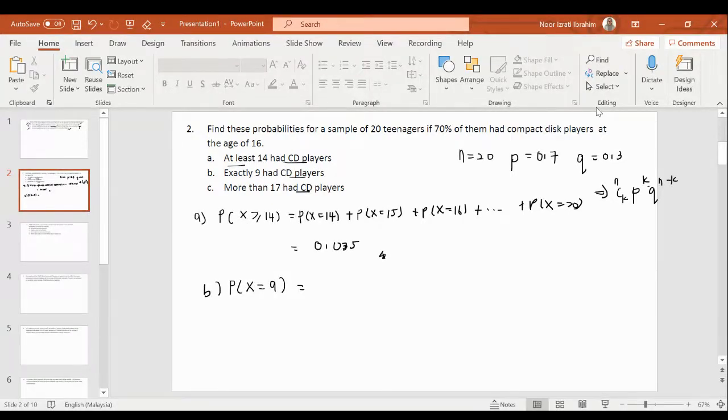Then this will be 20C9 multiplied with 0.7 to the power of 9 multiplied with 0.3 to the power of 11. And for this one, the answer is 0.012.